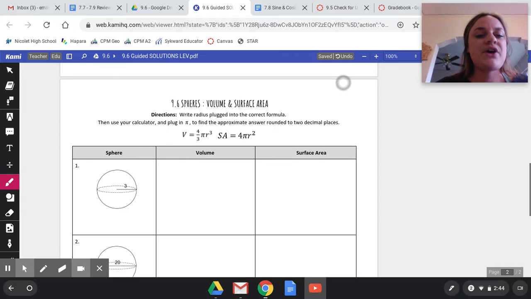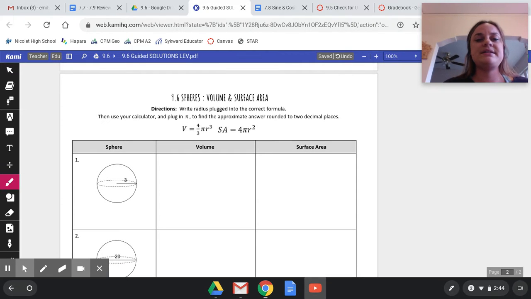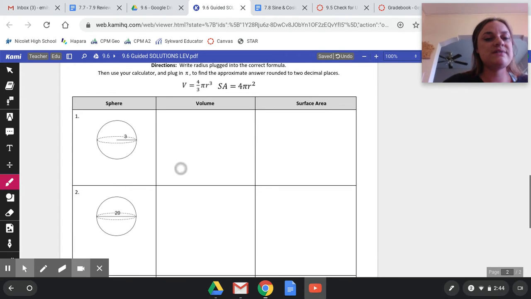All right, so let's talk about this. You want to identify any key information that you need. In our first example, we are given a sphere and our radius is equal to 3. For these formulas, all that you need is the radius.